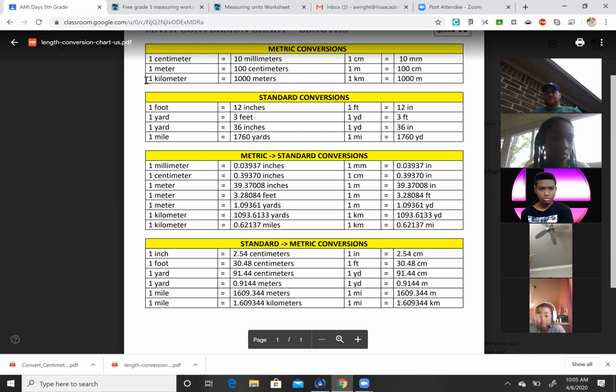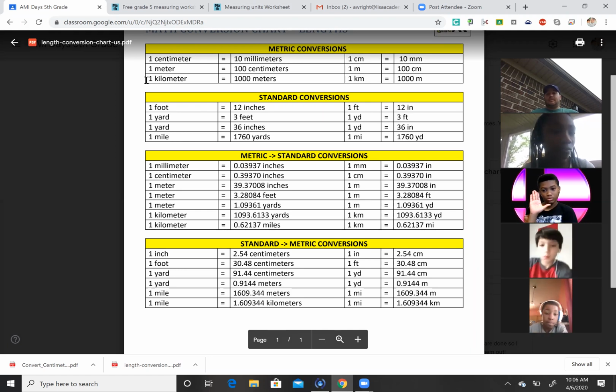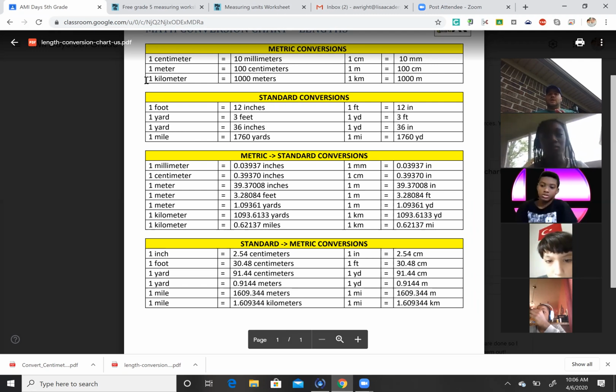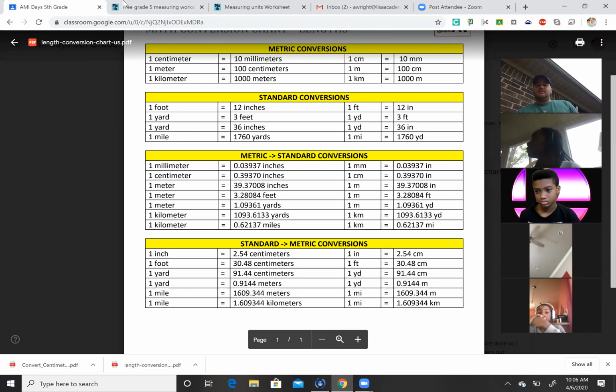So what a meter really is, let's think about it. Have any of you ever heard meter used before? Yeah, you should have. If you like watching the Olympics at all, meters are huge. Meters are used nonstop in distance.